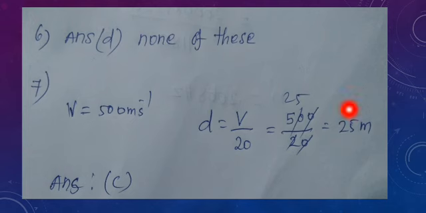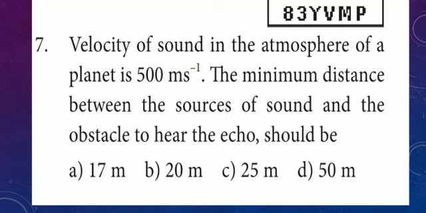Because we have to find the distance, that's why I'm taking d. Therefore 25 meter. So which is the right answer? Option C is the right answer. 25 meter. Okay, students.